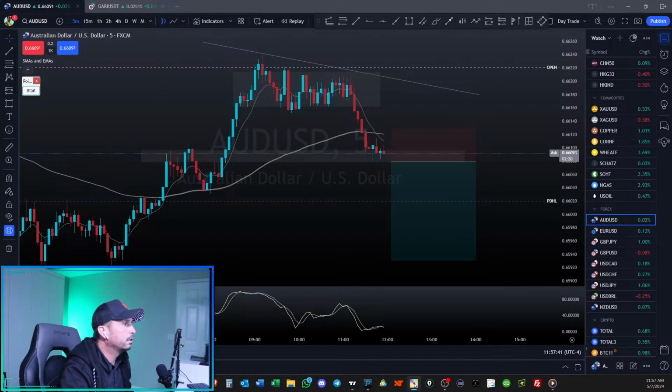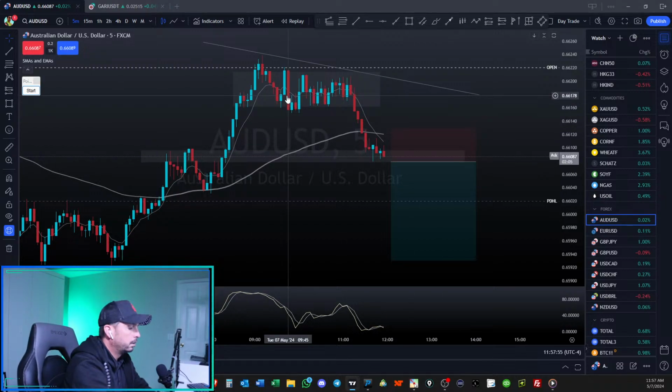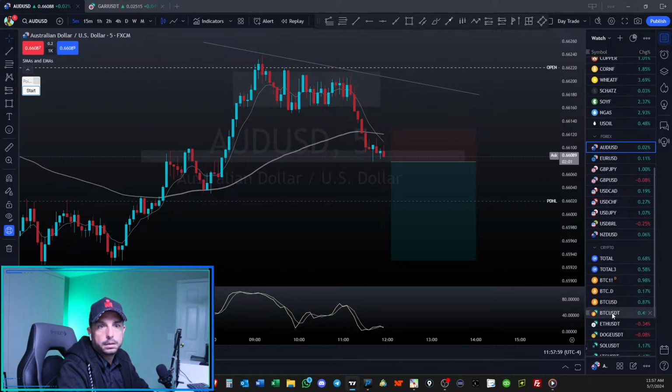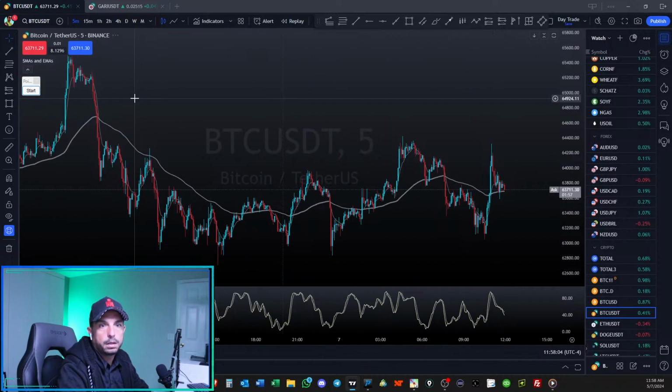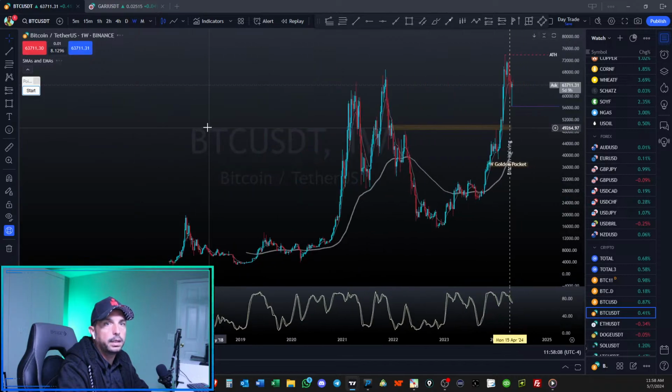I've traded for 4 years, but I started at the top of the last bull market. Let me be more specific. This is my Bitcoin chart on weekly.